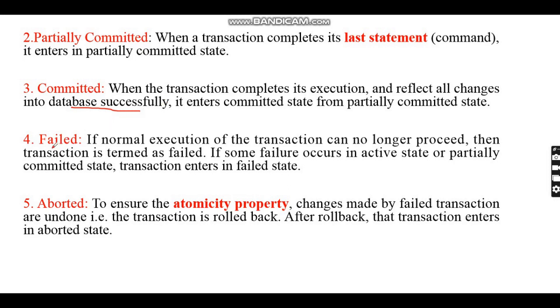Next is failed. If normal execution of a transaction can no longer proceed, then the transaction is termed as failed. If some failure occurs in the active state or partially committed state, the transaction enters the failed state.